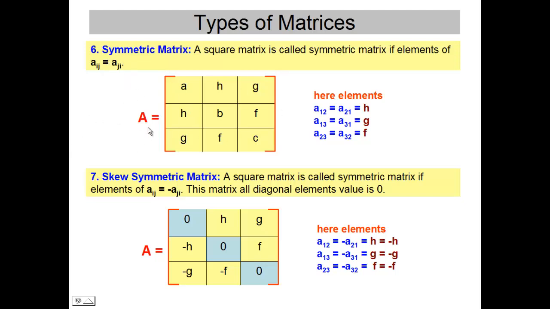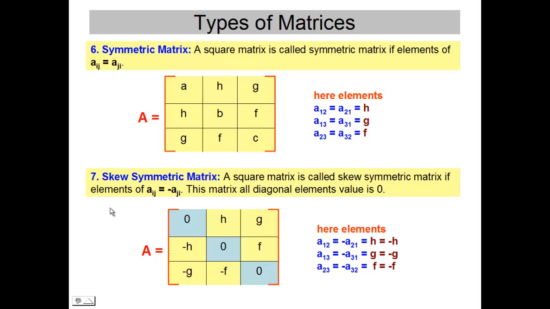In this example, A of 1 2 equals A of 2 1 equals h. Next, A of 1 3 equals A of 3 1 equals g. Now A of 2 3 equals A of 3 2 equals f. So this type of matrix is called a symmetric matrix.